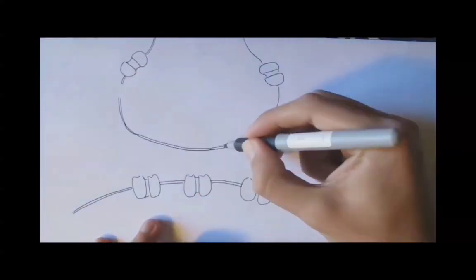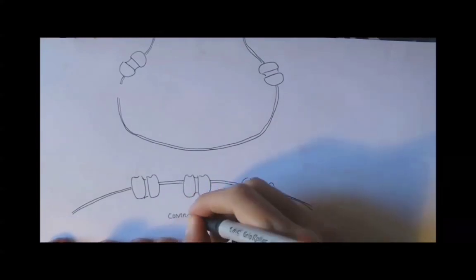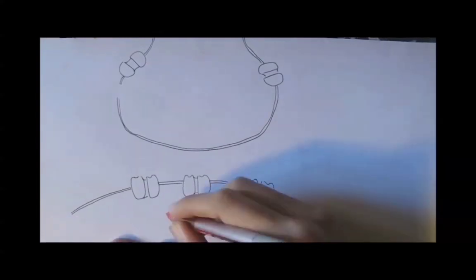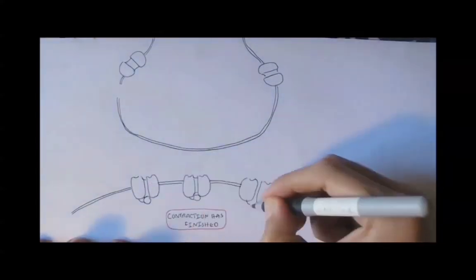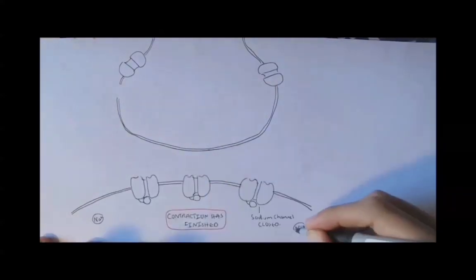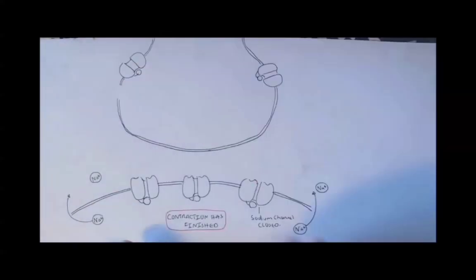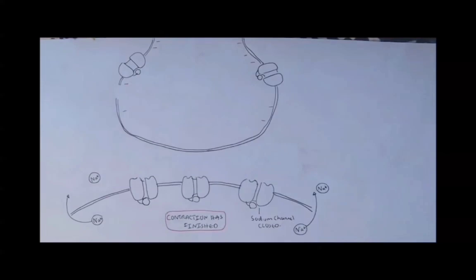After contraction has finished, acetylcholine will detach from the sodium gated channels and move back into the synaptic cleft with a different transport mechanism.